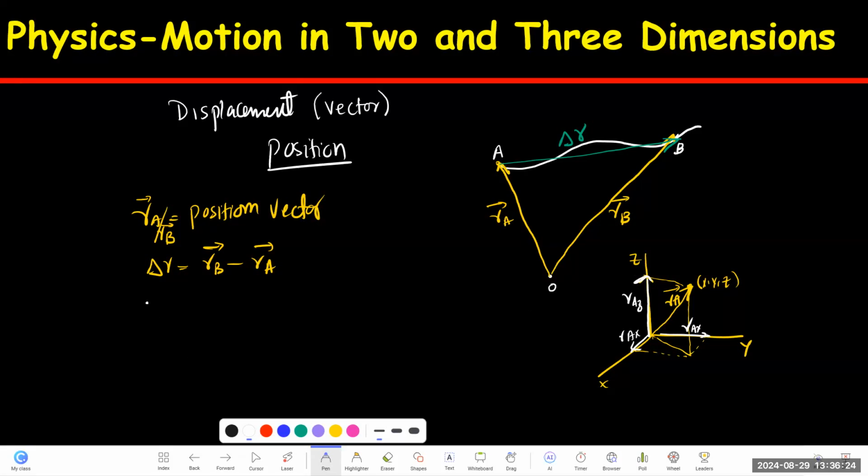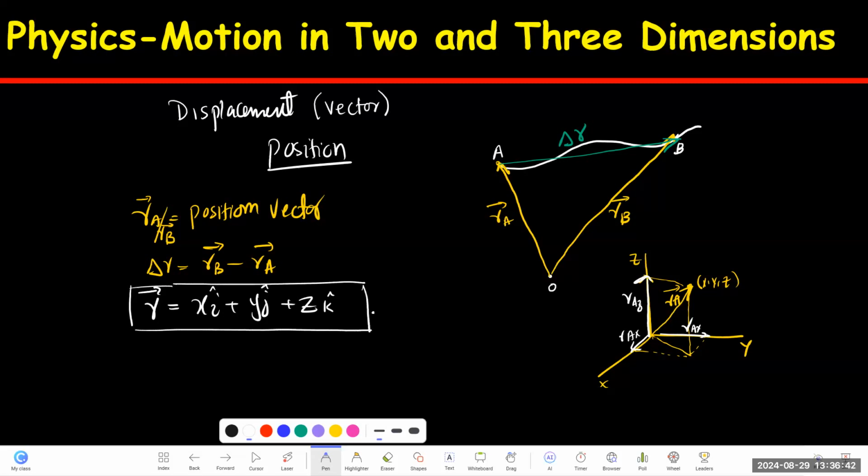So maybe I can write this R vector, or RA vector, as the x component i plus the y component j plus the z component k. These i, j, k are the unit vectors, as we discussed in the previous lectures. So this is my position standard form.